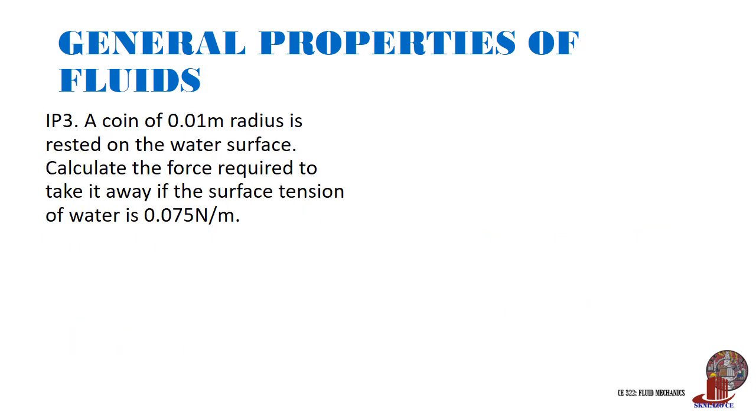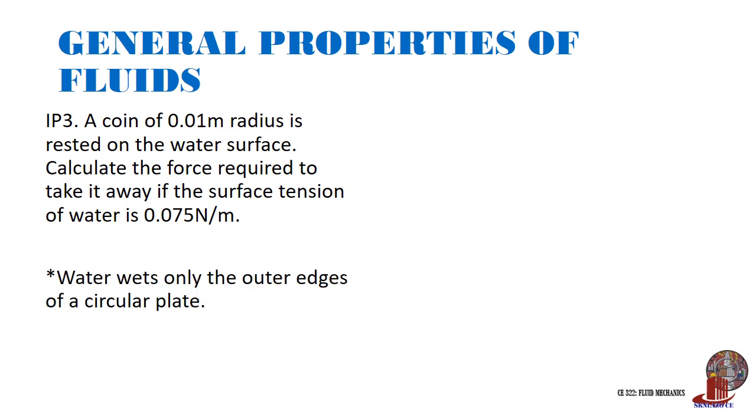Let's check on our third example. A coin of 0.01 meter radius is rested on the water surface. Calculate the force required to take it away if the surface tension of water is 0.075 Newton per meter. Unlike what we have with the previous example, we do have a circular plate this time, where water wets only the outer edges of a circular plate.